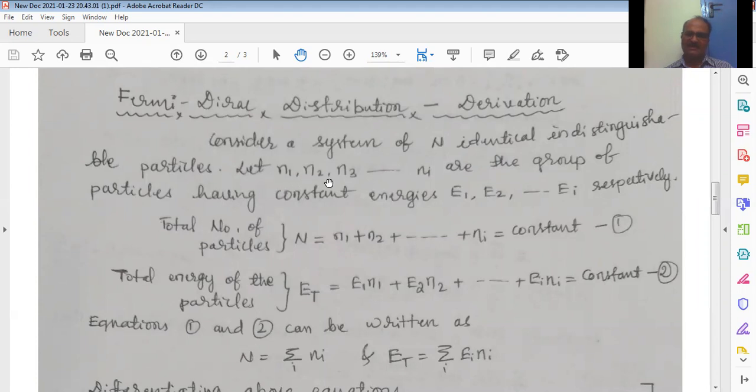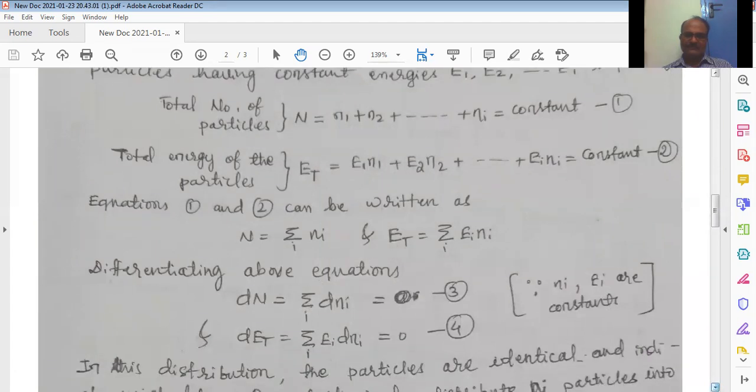Let N1, N2, ... Ni be the groups of particles having constant energies E1, E2, ... Ei respectively. Therefore, the total number of particles capital N is equal to N1 plus N2 plus ... Ni, that is equal to constant.